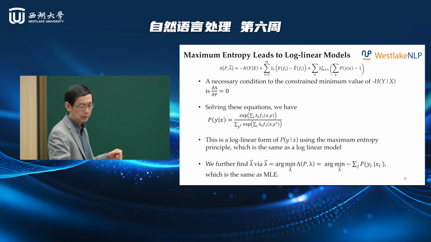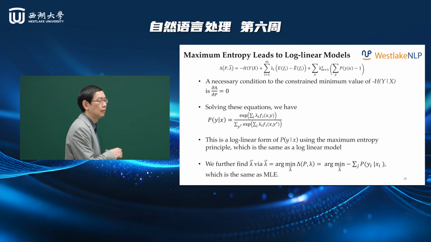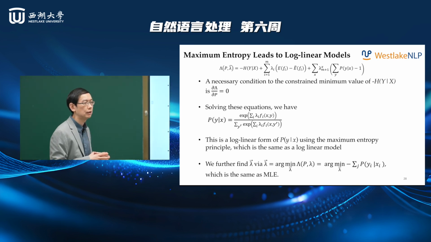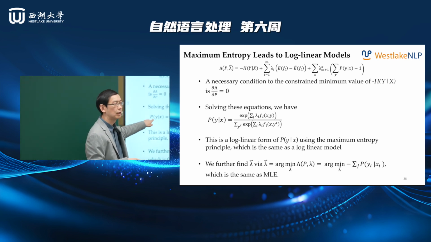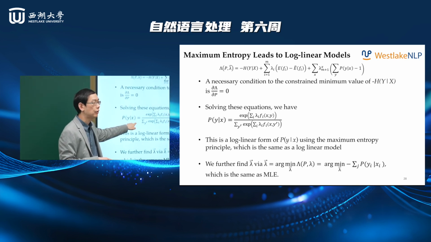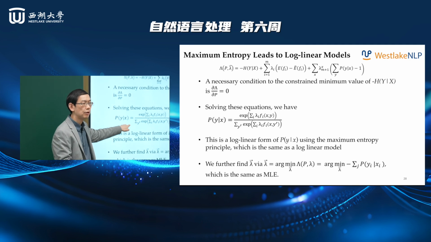Due to time constraint, I cannot derive it. But I think using your calculus knowledge, you can all do it offline, okay? The result is something like this. Okay, I don't know my function, but I change my function to optimize the Lagrangian equation, and my function looks like this.